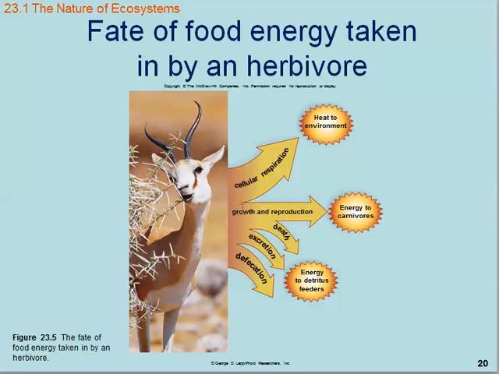Some of the energy is used for growth and reproduction. Some of that energy that will be stored in the molecules that are left in that organism will be available to pass on to the carnivores. And the rest of it will go to the detritus feeders, the decomposers and the detritivores.